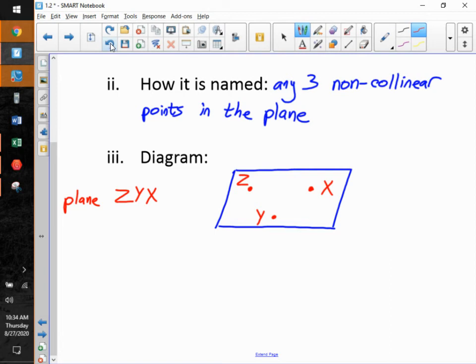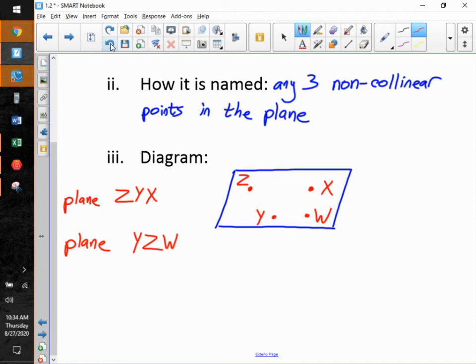So if I were to choose a 4th point over here and call that point W, that now means that I can choose any 3 non-collinear points in any order that I want and name the plane that way. So I could call this plane YZW, and that works because there's 3 non-collinear points there that make that up.